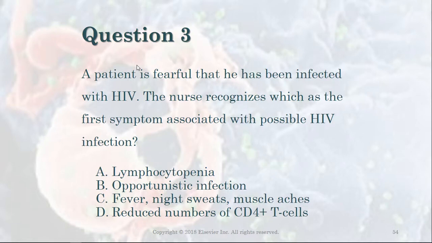That would be a sign for AIDS, right? Fever, night sweats, and muscle aches can be a possible infection with HIV. Those are some of the symptoms that are listed. Reduced numbers of CD4 T cells would indicate the progression to AIDS.